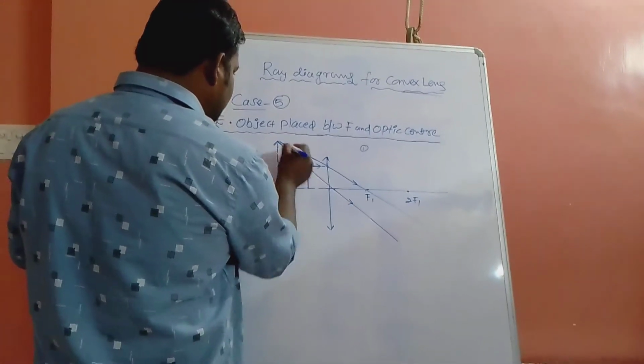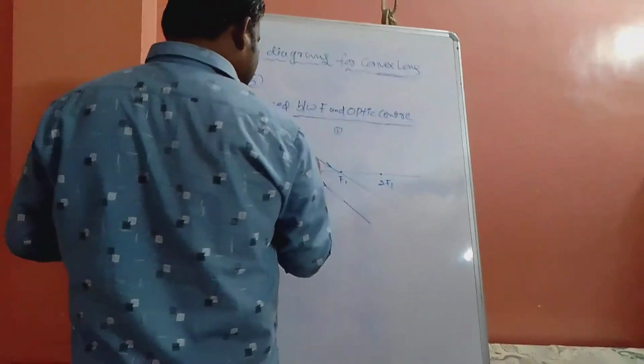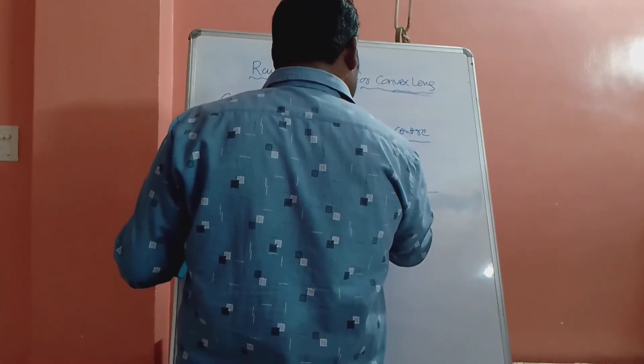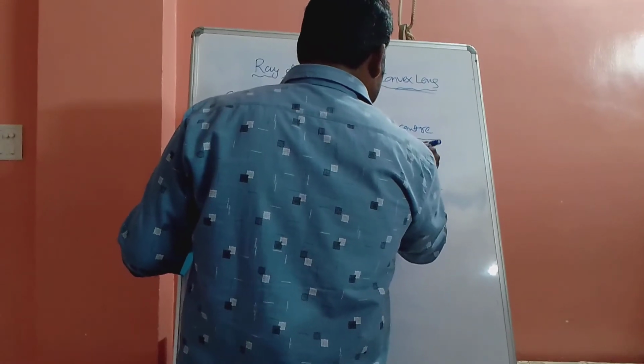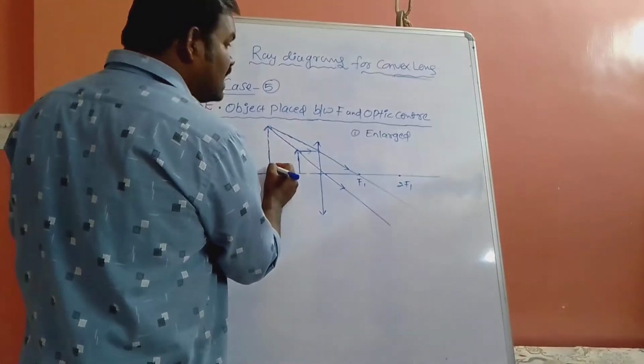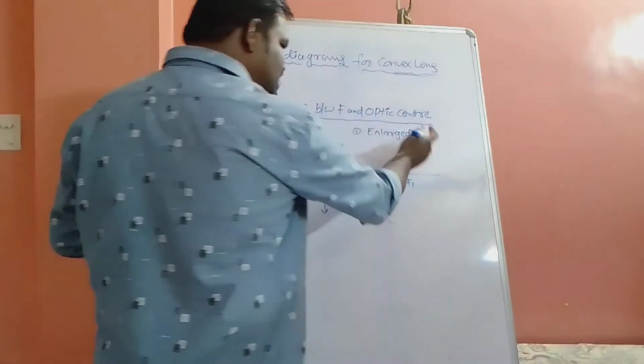So this is the image of this object. Now the formed image is, what is the formed image? Enlarged. So why enlarged? Because the size of the image is enlarged, పెద్దది కంపేర్ విత్ ఒరిజినల్ ఆబ్జెక్ట్, కాబట్టి ఎన్లార్జ్ అని రాయాలి.